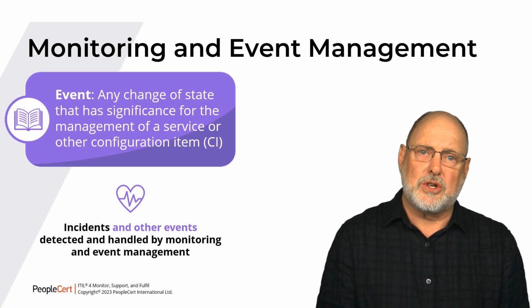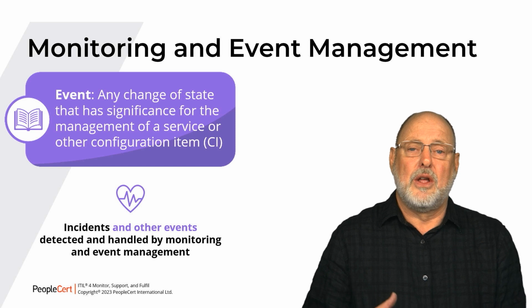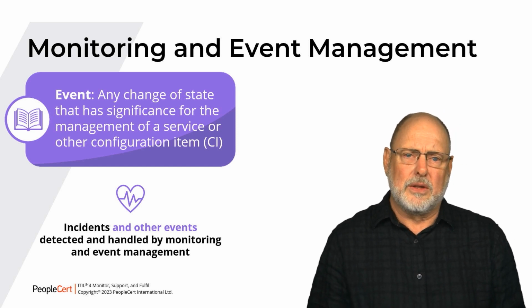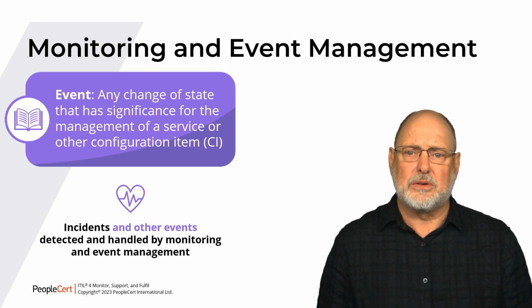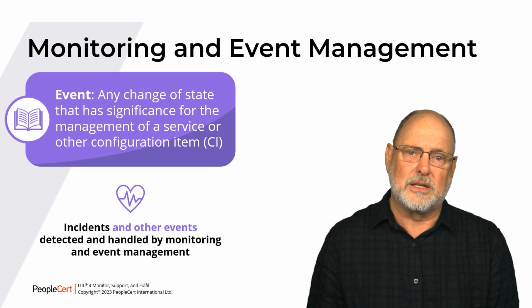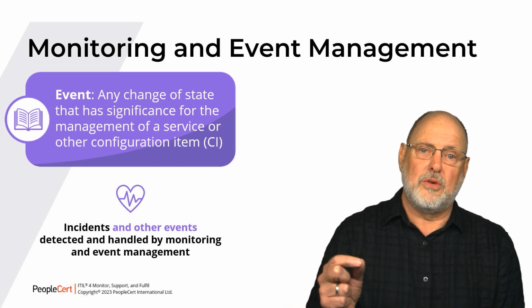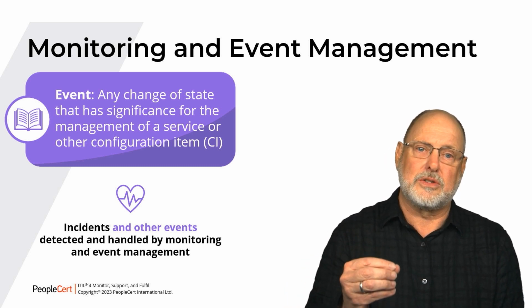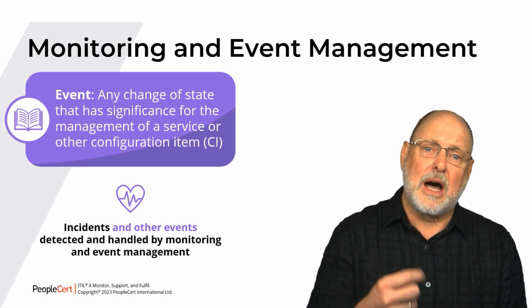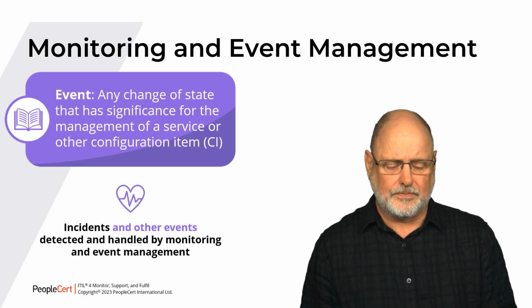And so monitoring and event management is very often the first place in which an incident is detected. This is important, and we'll get into this a bit later in the course, but it's important because the earlier you can detect an incident, the more quickly you can figure out how you're going to deal with it, how you're going to handle it, and how you're going to resolve it.